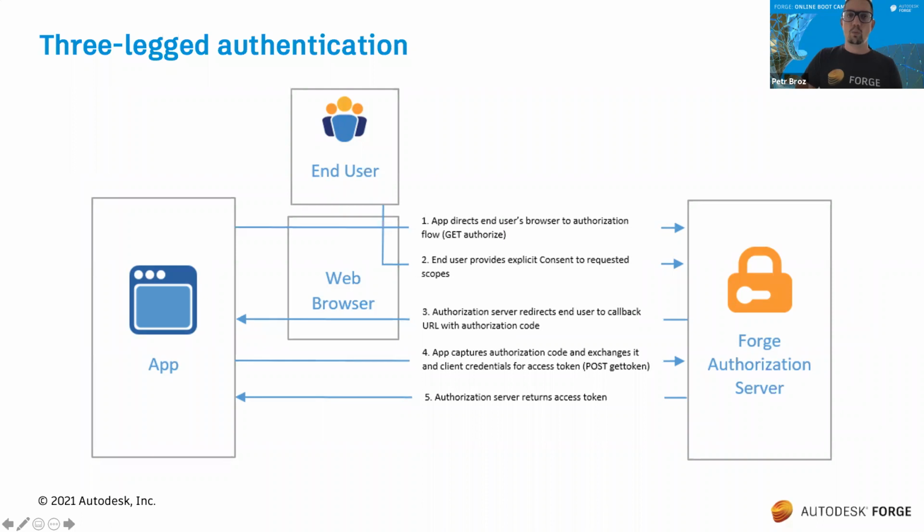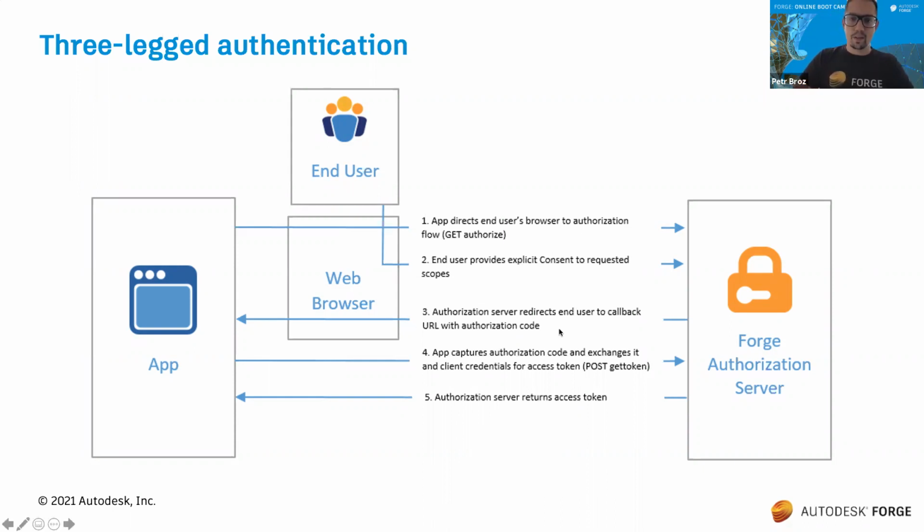So that workflow is explained in this diagram. We redirect the user to the Autodesk login forms. The user consents that, yes, he allows the Forge application to get a token for the specified set of scopes, in other words, for the specified set of privileges.